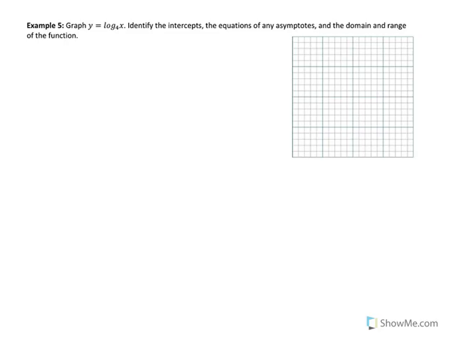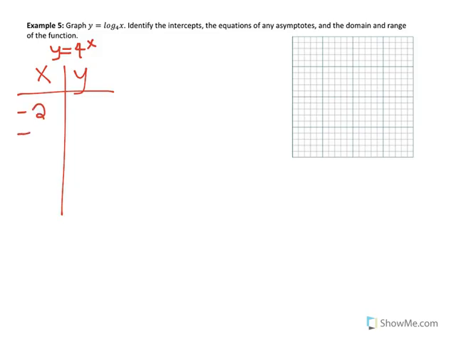Okay, let's graph log base 4 of x. So graphing logarithms is actually the absolute easiest thing to graph. And we're going to just first think about it as an exponential. So if I wanted to graph the exponential that matches this, it would be 4 to the power of x.